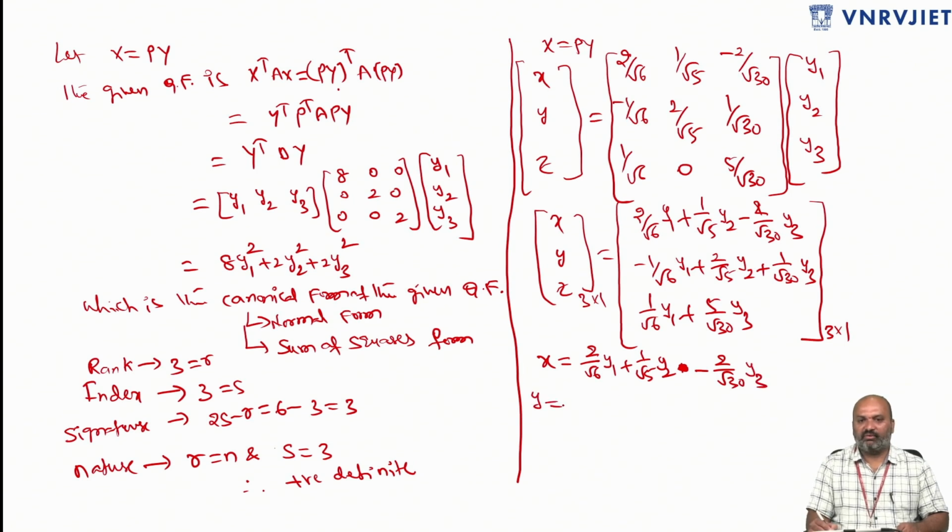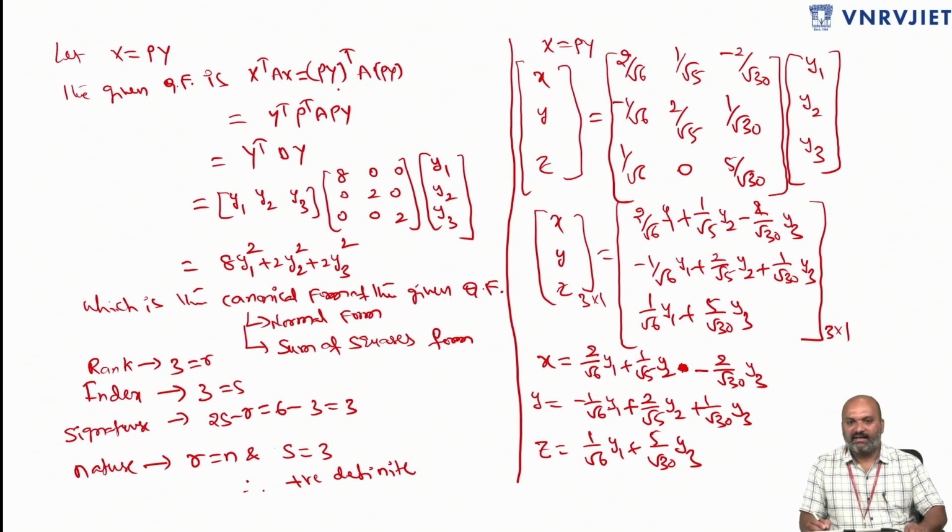And y equals minus 1 by root over 6 into y1 plus 2 by root over 5 into y2 plus 1 by root over 30 into y3. And finally, z equals 1 by root over 6 into y1 plus 5 by root over 30 into y3. So this is the transformation.